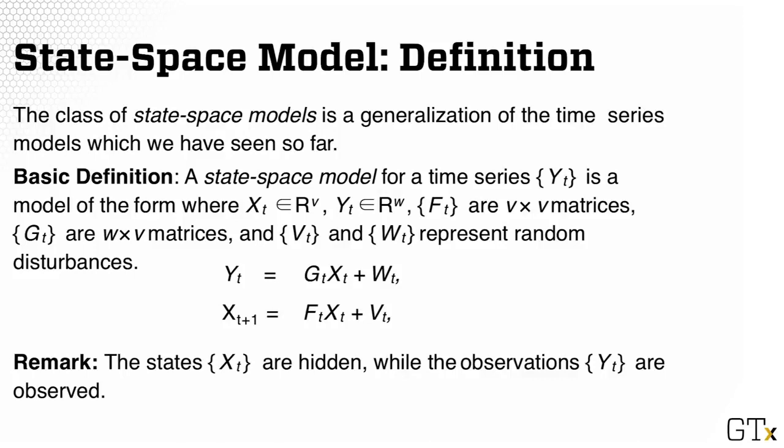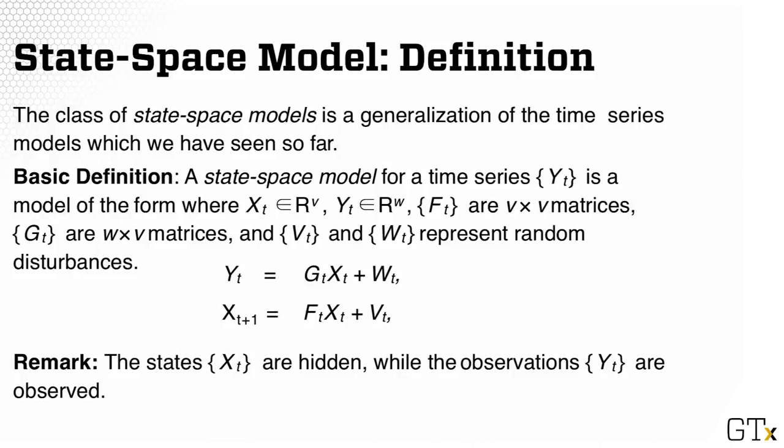Formally, a state space model for an observed multivariate time series of dimensionality w, y_t in this slide, depends linearly on an unobserved or hidden multivariate time series x_t, also called the state process. y_t is thus the linear transformation of x_t plus a white noise process. This equation means that the observed time series process y_t is dependent on the state process x_t.